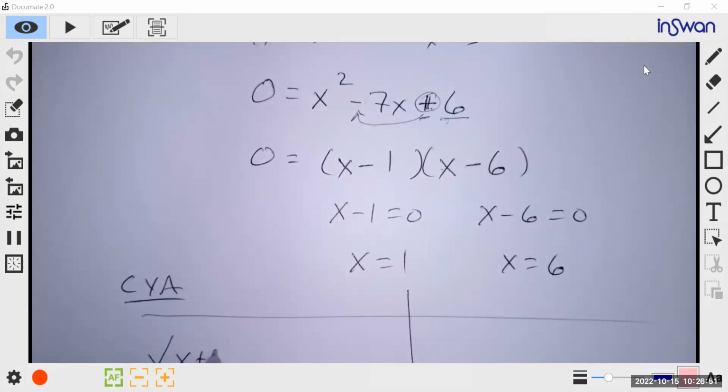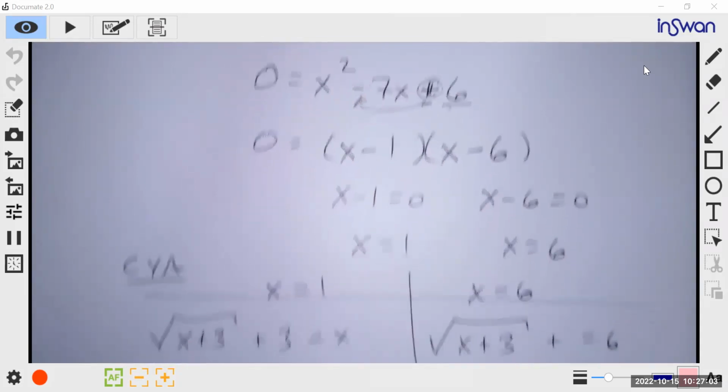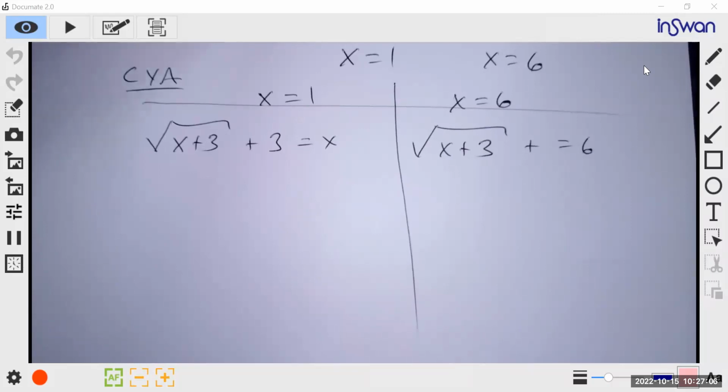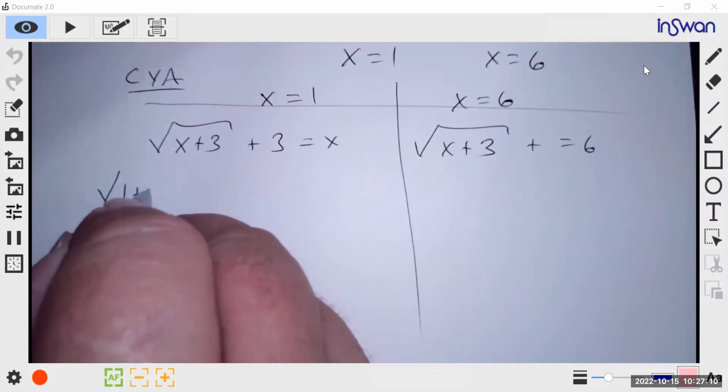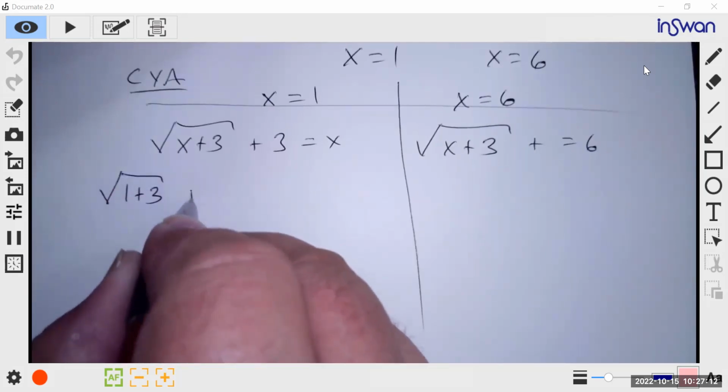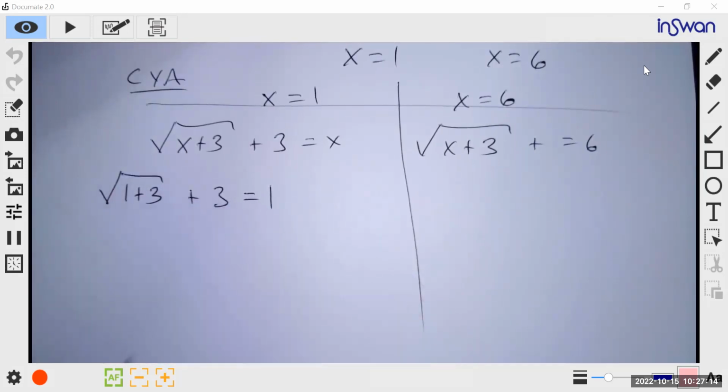Okay, we'll do the square root of x plus 3 equals x. X equals 1 and 6, let's try both of them. Square root of 1 plus 3 equals 1.